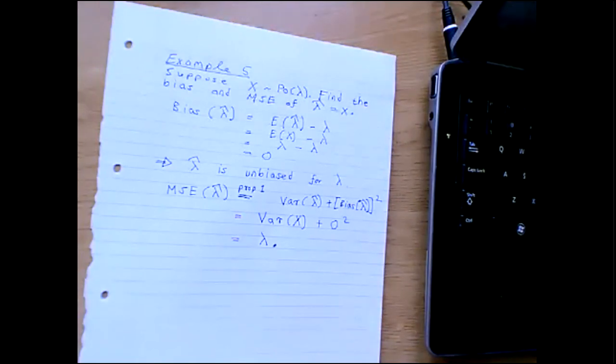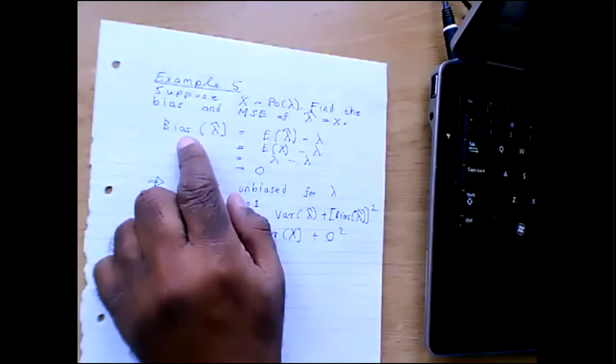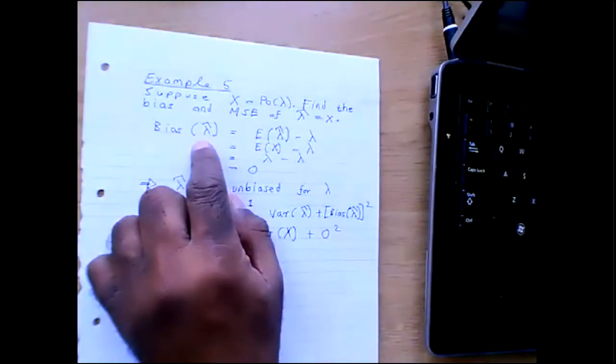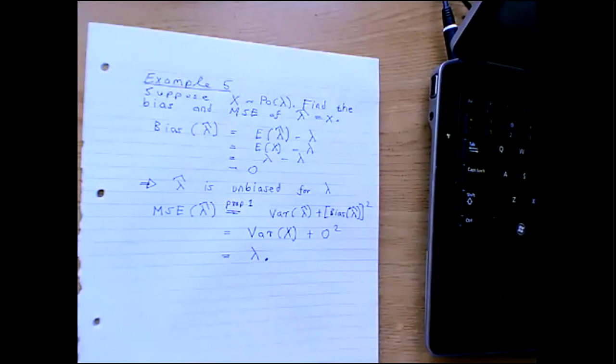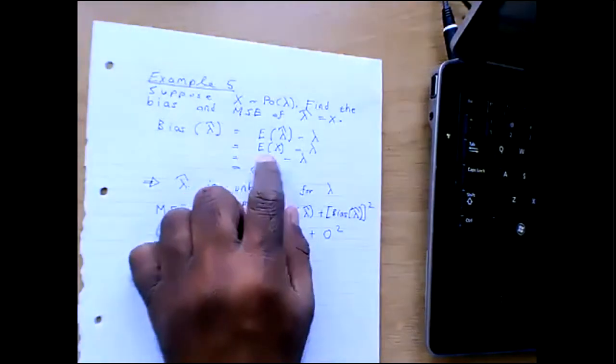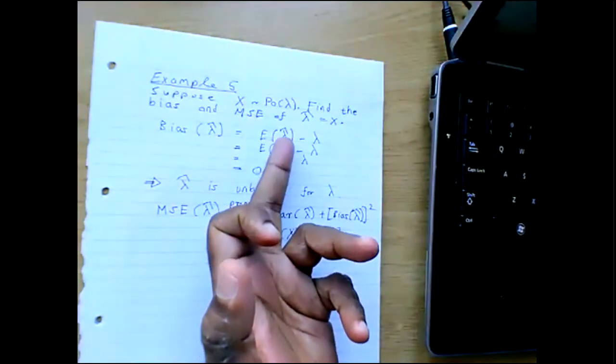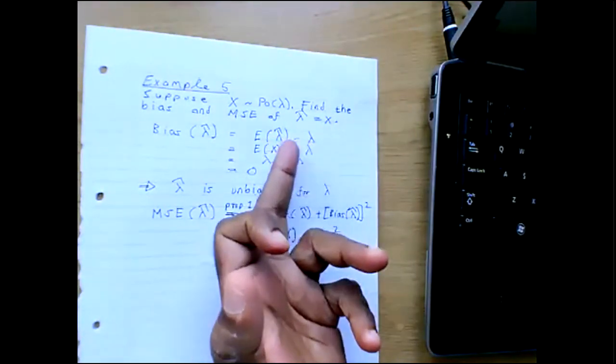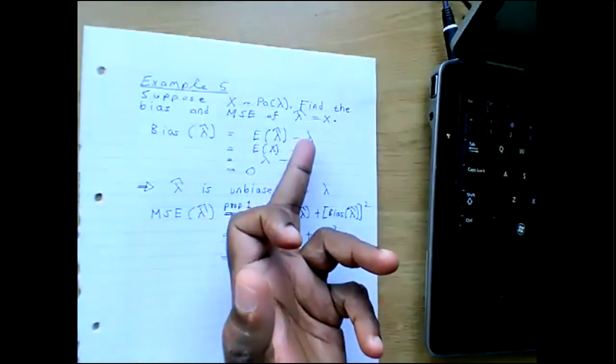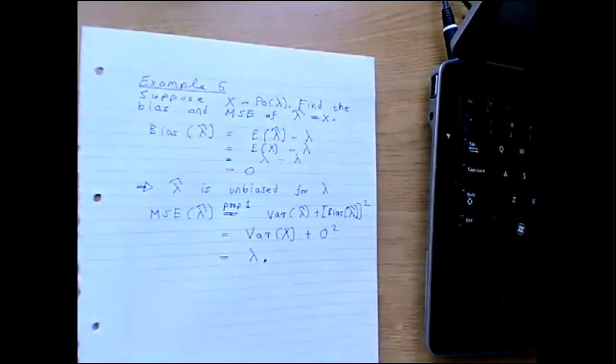Can you explain the bias again? All right, the bias is defined, if you look at the definition I gave you a few minutes ago, as the expectation of the estimator minus the parameter. So the expectation of lambda hat minus the parameter, which is lambda.